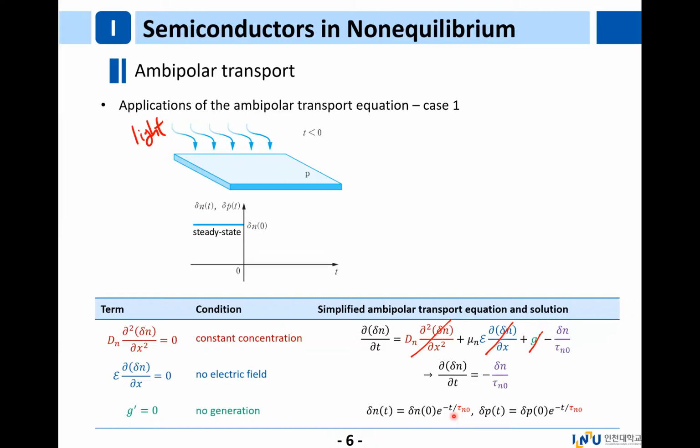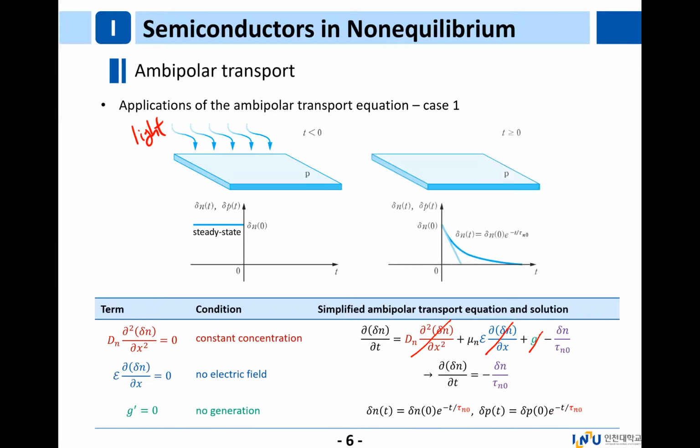In ambipolar transport, delta n and delta p are equal, so the excess hole concentration is also the same. If we graph this, it will look like the following.